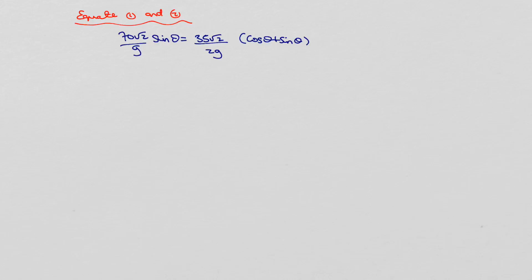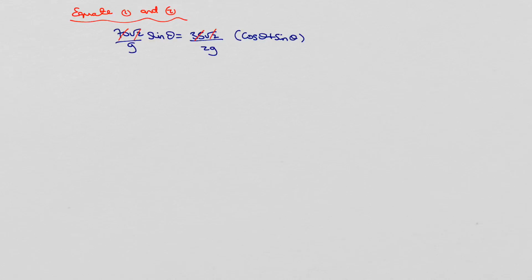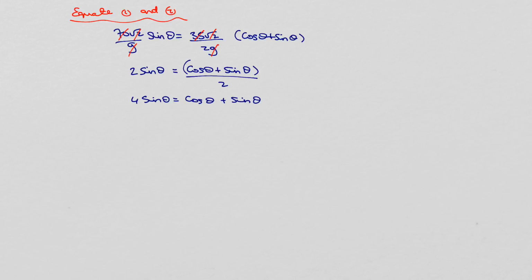Well, 35 will go into 70 twice. Root 2 will go into root 2. G will go into g. Okay, so that leaves me with 2 sine theta on the left is equal to cos theta plus sine theta all over 2. So multiplying across both sides by 2 gives me 4 sine theta is equal to cos theta plus sine theta. And then if I bring over the sines to the left, well, that gives me 3 sine theta is equal to cos theta.